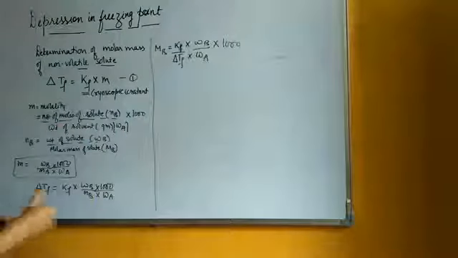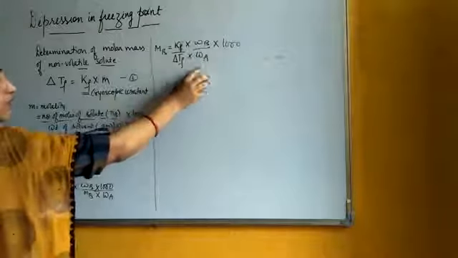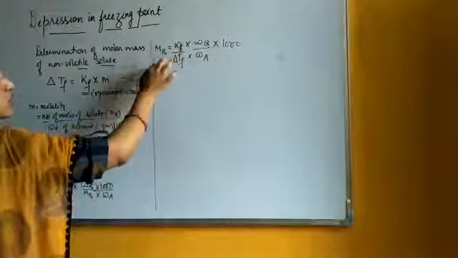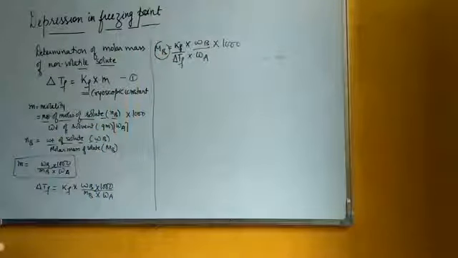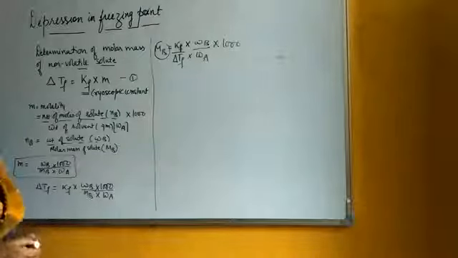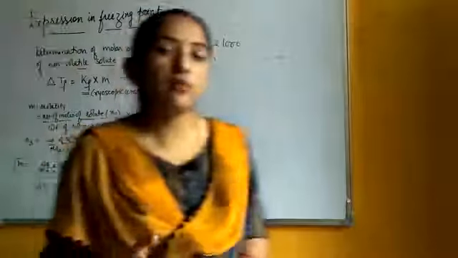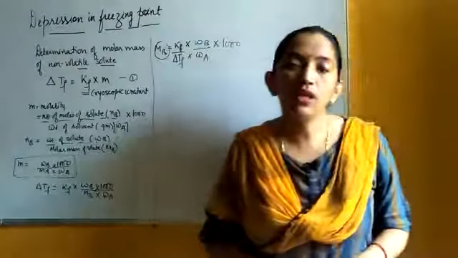So if we know the value of delta Tf, that is depression in freezing point, the weight of the solvent and the weight of the solute, we can find out the molar mass. So this is the significance or importance of this colligative property, that we can determine the molar mass of the solute.